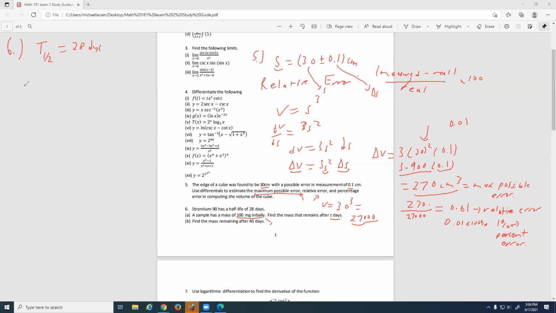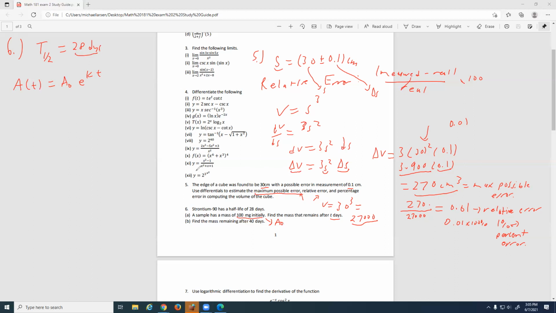Yeah, exactly. There are a couple different variables people use. Sometimes people use A or N, but A of t is equal to A naught e to the kt. Something like this, right? Where A naught is our initial mass, and then we have this half-life here.